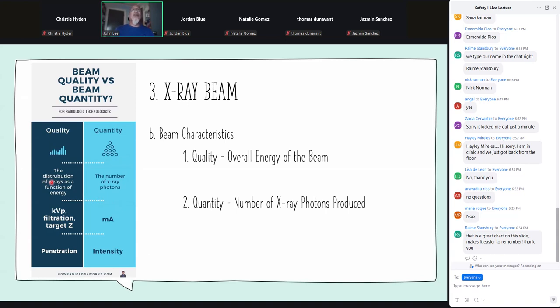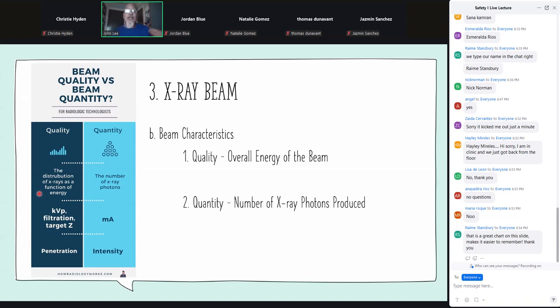Now, with quality, we're looking at the distribution of the X-rays as a function of their energy. Remember, we have a heterogeneous beam, multiple levels of keV that are going to be involved in an X-ray exposure. And so we'll deal with the kVp, filtration, and the target material. And all three of those things are going to influence how well the X-rays that we produce penetrate tissue.